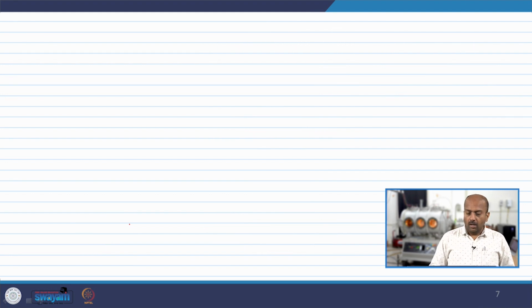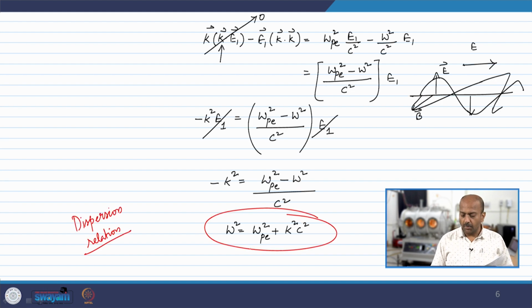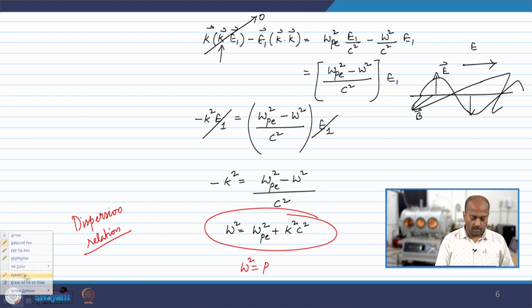Now, what are the features or characteristics of this equation? To begin with, if there is no plasma, omega pe becomes 0. So, in vacuum, we have omega square equals k square c square.